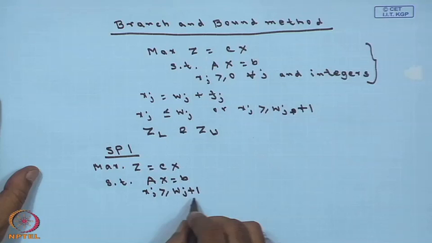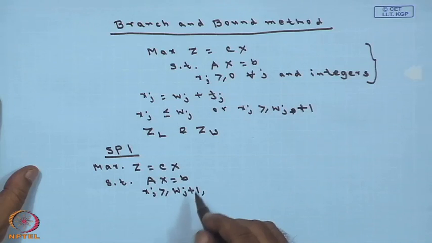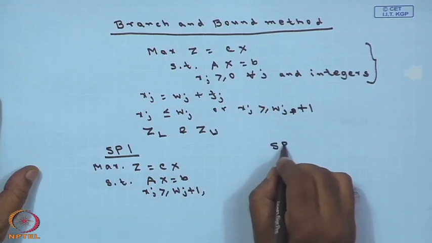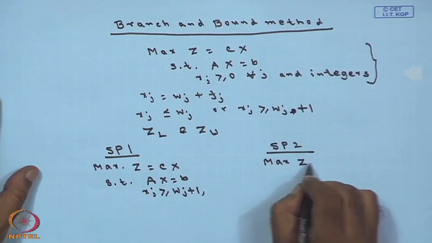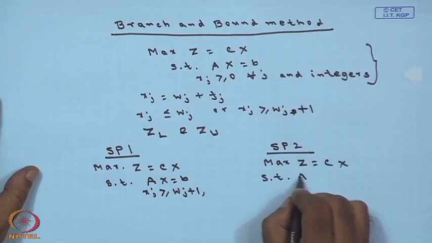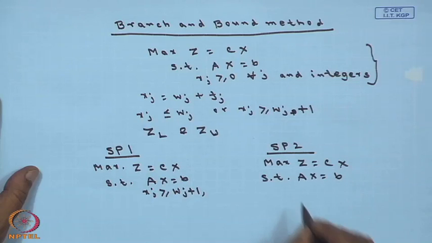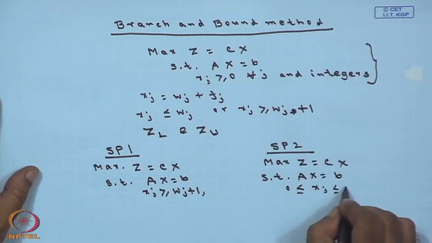This is the additional constraint you have put, and obviously the variables are greater than or equal to 0 and x j are integers. So, we will solve SP 1, and another problem SP 2 we will formulate like this: maximize z equals c x subject to a x equals b and x j lies between 0 and w j.